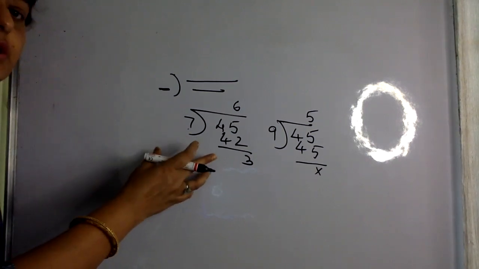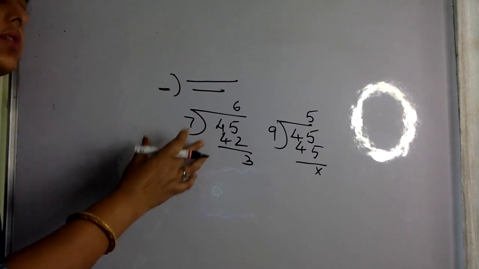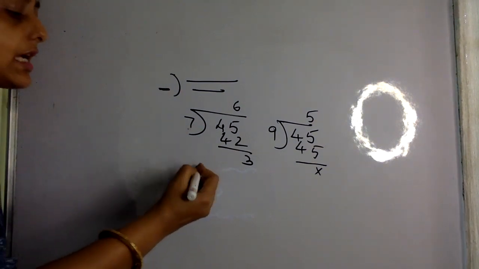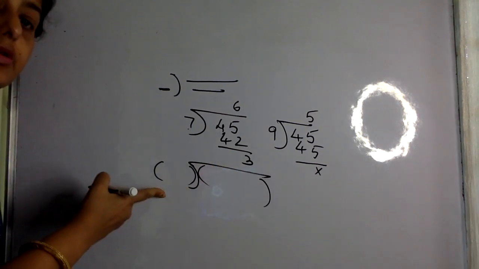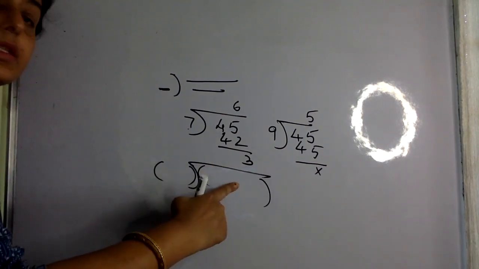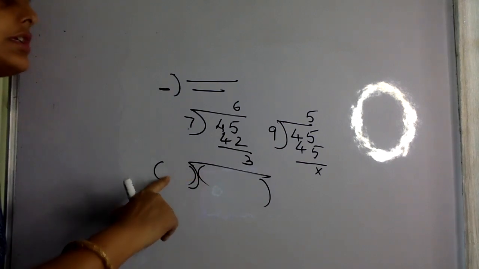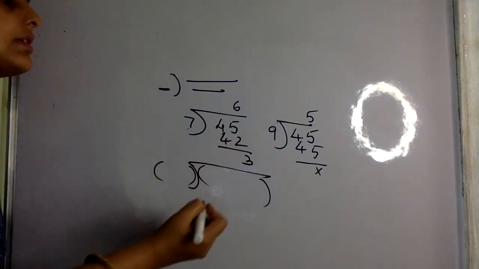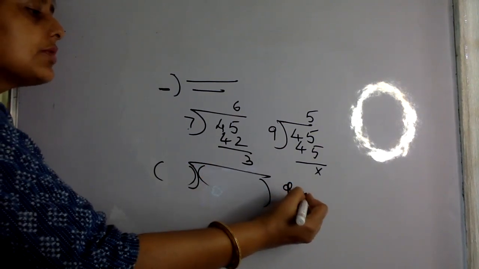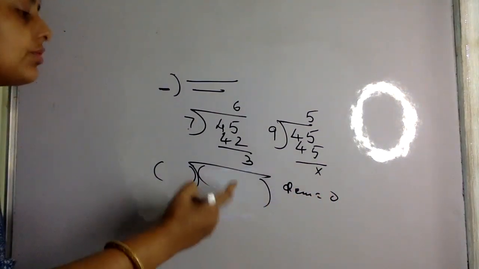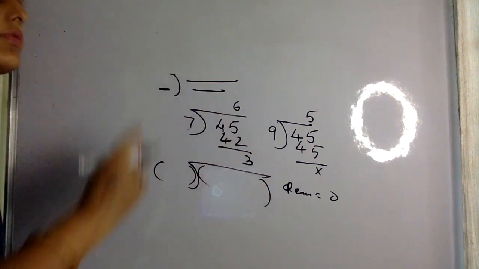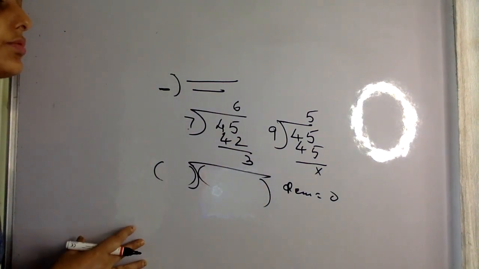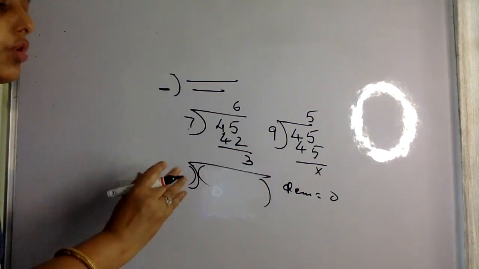If one expression divides another, and using the remainder theorem I see that the remainder is 0, then I know that this expression is a factor of that one.